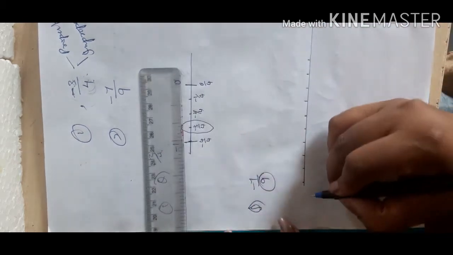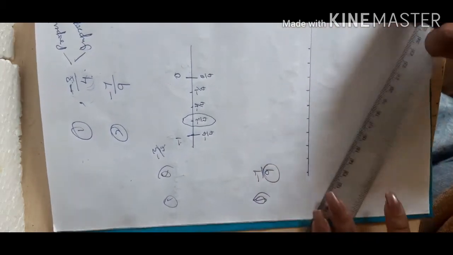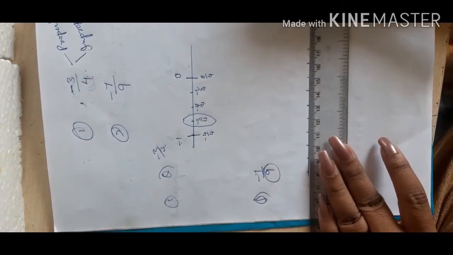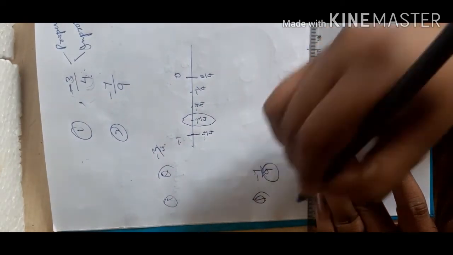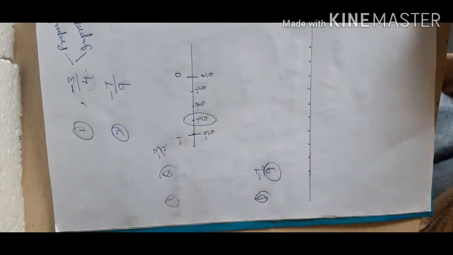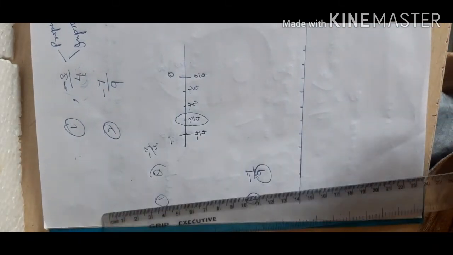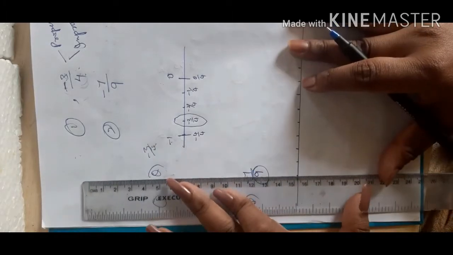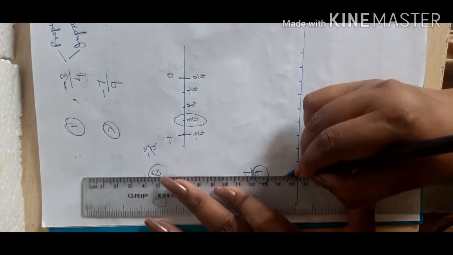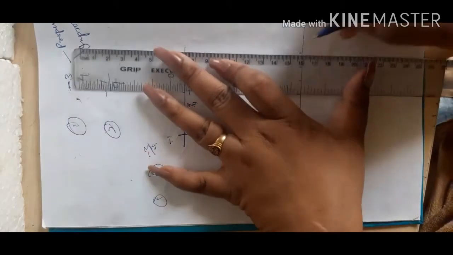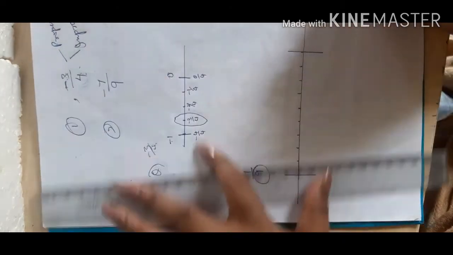Let me extend this, it looks somewhat neat. Actually you need to draw with a pencil, but people are unable to see properly, so that is why I am using a pen over here. Draw a little bit longer line for the first and last lines.